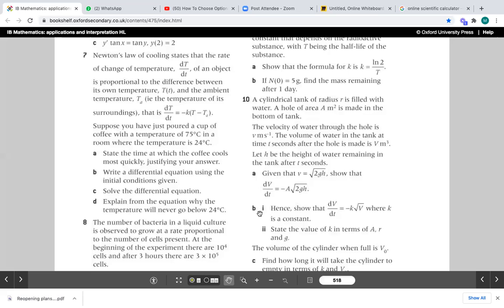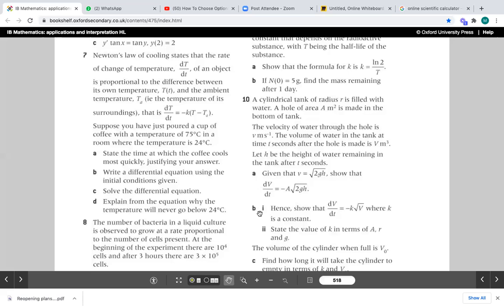Coffee cools most quickly, so at the lowest temperature? If you put the temperature as the lowest possible, then you find out the time. What do you think, sir?